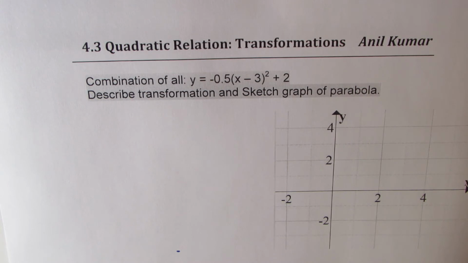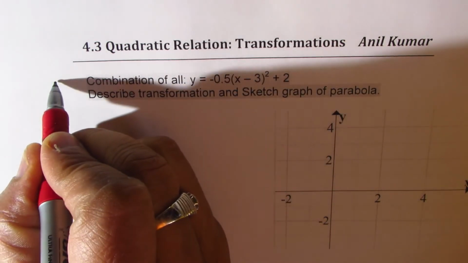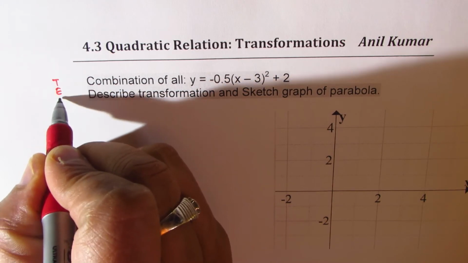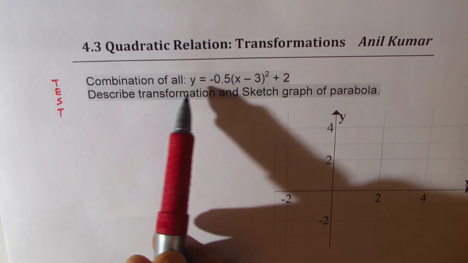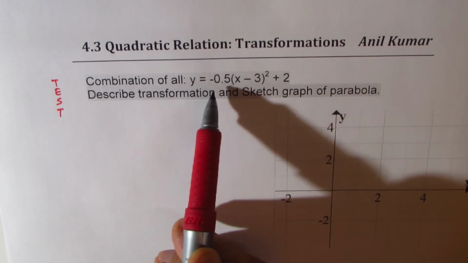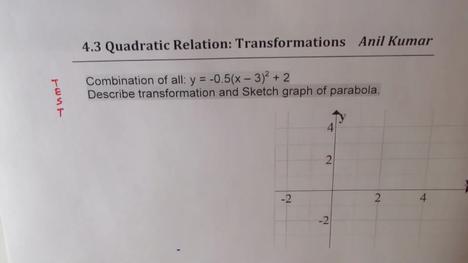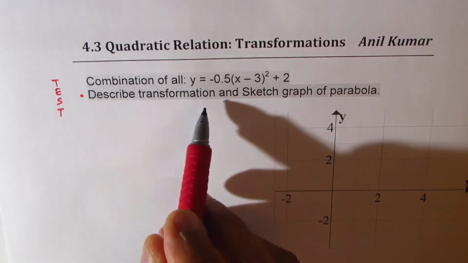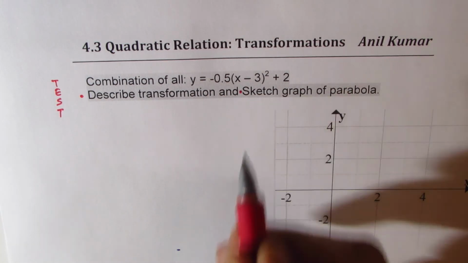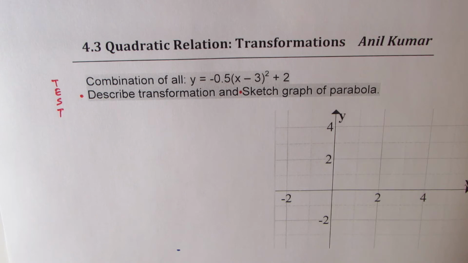Now here is the test question for you. I'd like you to take this as a test. A combination of all the transformations has been given to you, and the equation is y equals minus half (x minus 3) whole squared plus 2. You need to describe the transformations and then sketch the graph of the parabola.